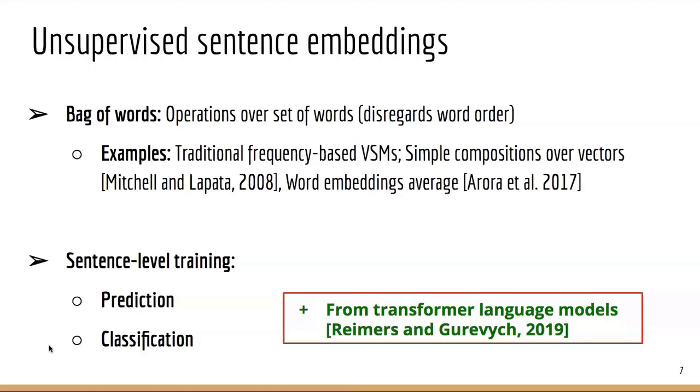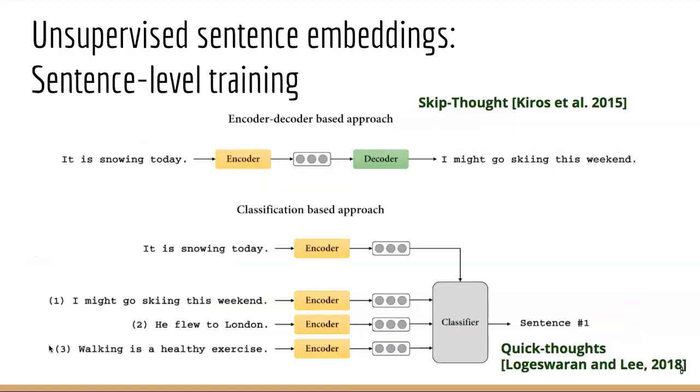There are also other approaches based on transformer-based language models and contextualized embeddings. We are not going to discuss this in this chapter, and for this you can check the video on contextualized word embeddings, as there is more information on this and how they work.